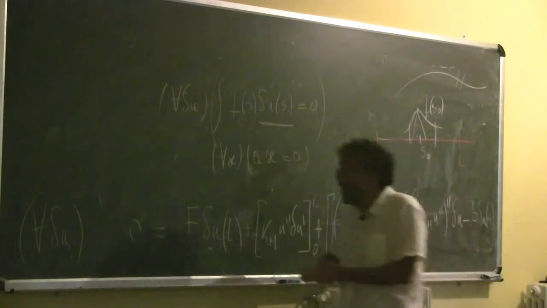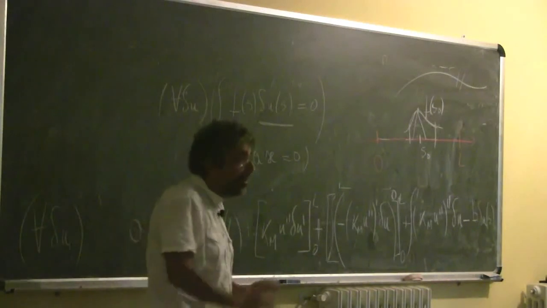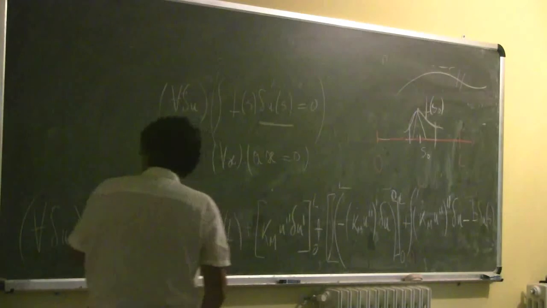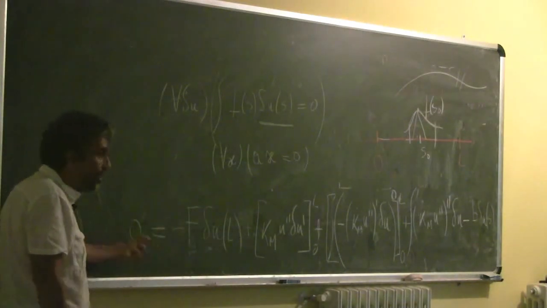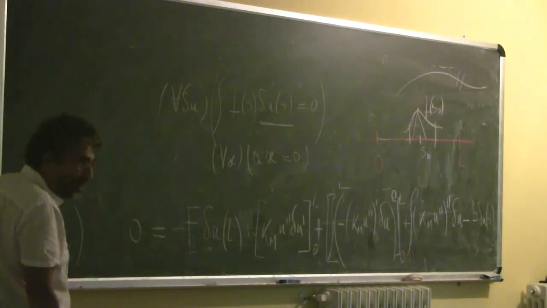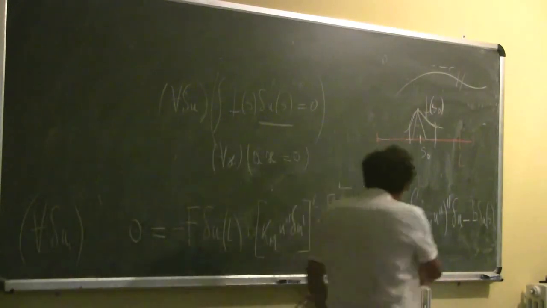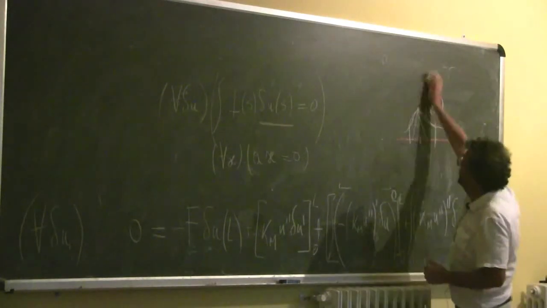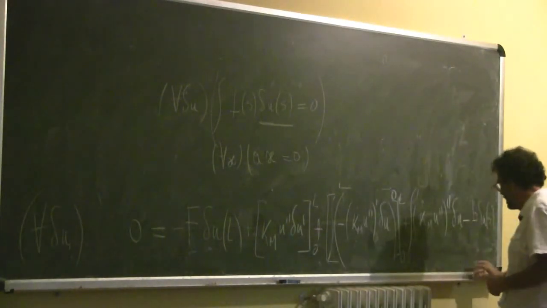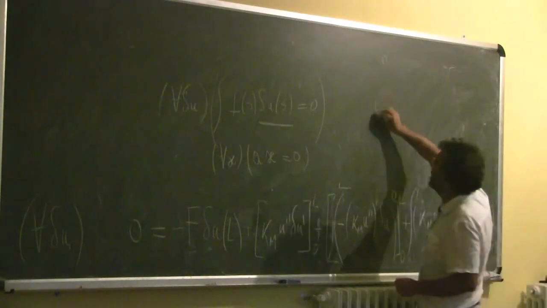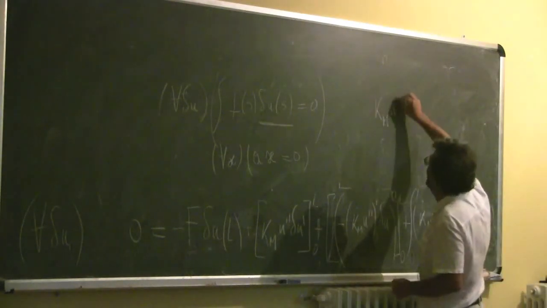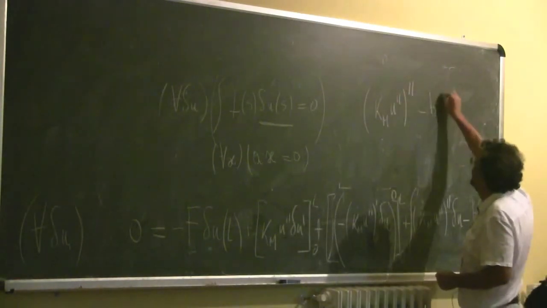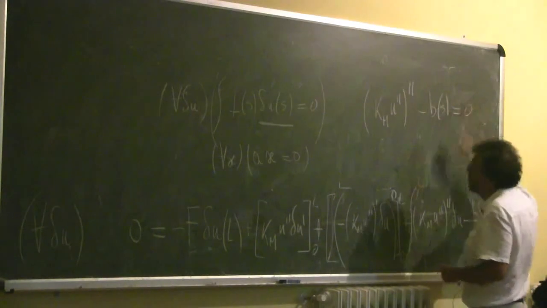So painfully Lagrange understands that a necessary condition for this quantity to be equal to 0 for every delta u is that K m u second minus b of s is equal to 0.